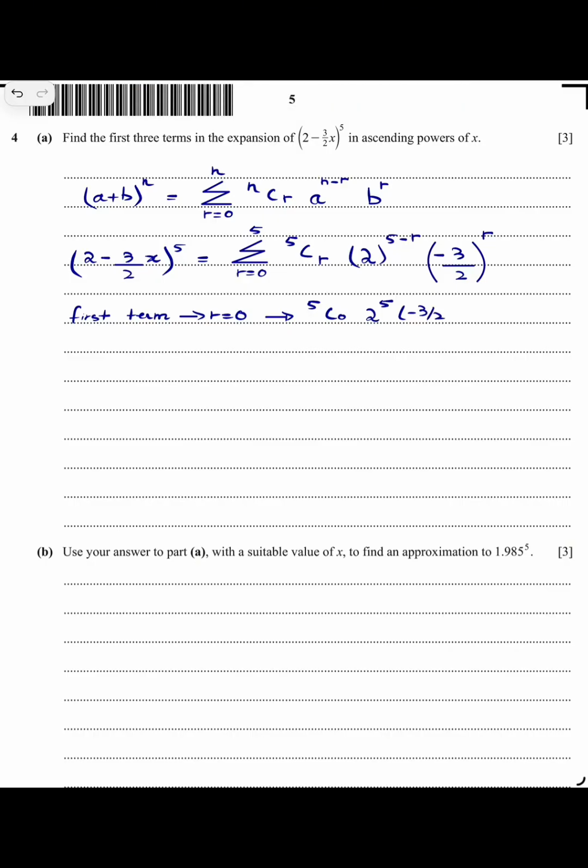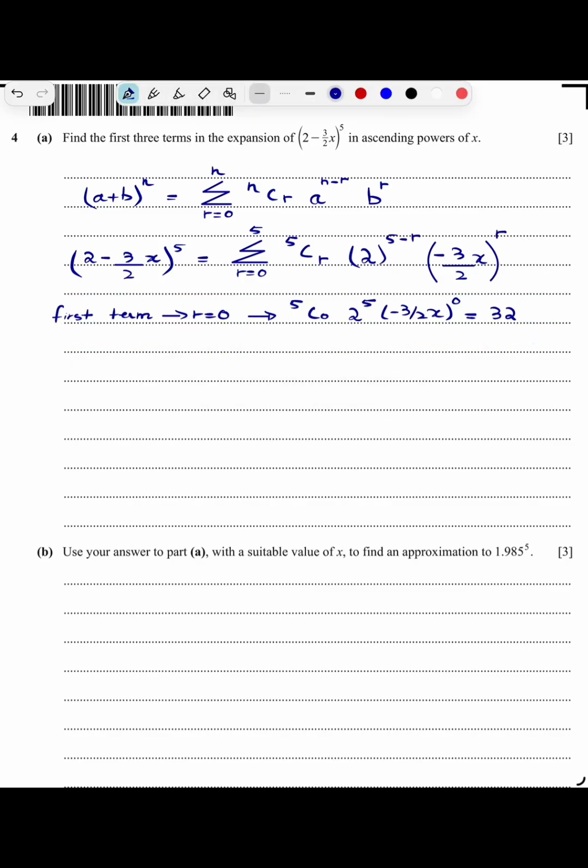I ate the x. Okay, minus 3 by 2x power 0. Yeah, so 2 power of 5 is 32, and this is equal to 1, so we're just left with 2 power 5. So that's the first term.